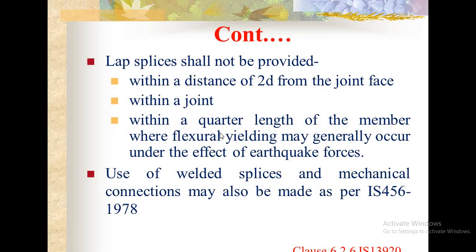Lap splices shall not be provided within a distance of 2D from the joint face, or within a quarter length of the member where flexural yielding may generally occur under the effect of earthquake. Use of welded splice and mechanical connection may also be made as per IS 456.